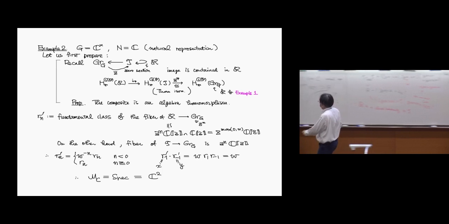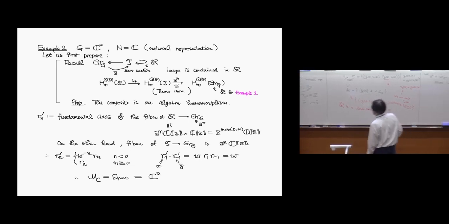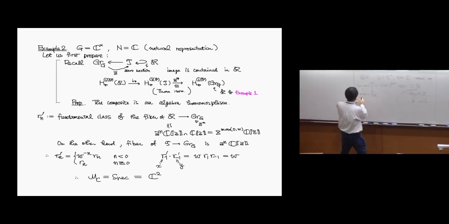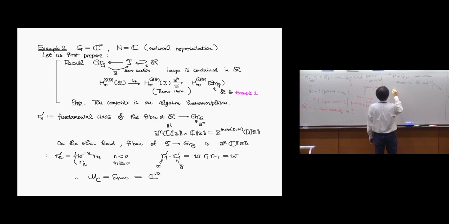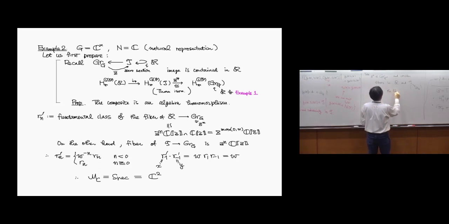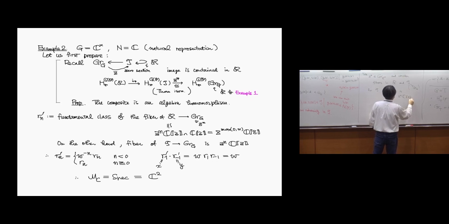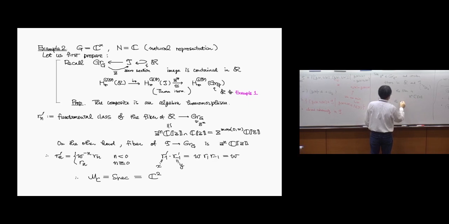So for T, maybe better to consider here, G of Z is Z to the power N. The fiber is Z to the power N of G of Z. But for R, the multiplication must also be in polynomial.